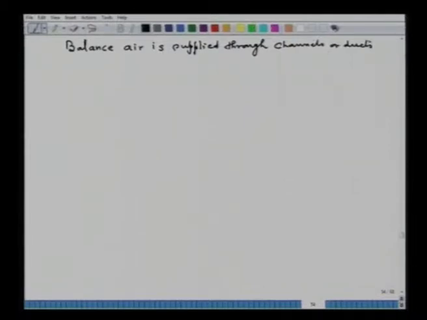They could be at several locations, and as such, this balance air is called secondary air, or sometimes tertiary air.